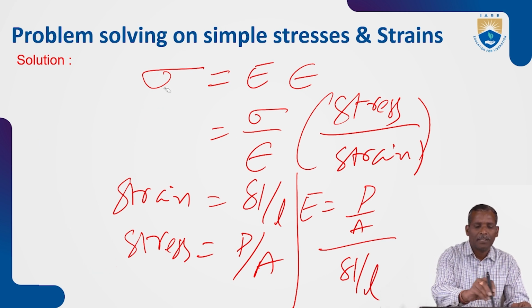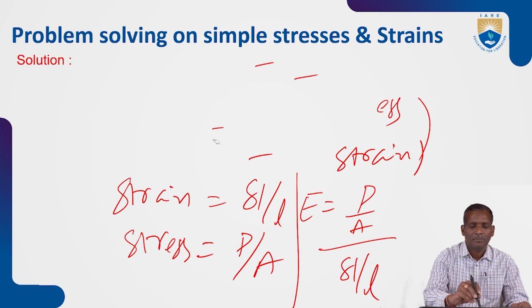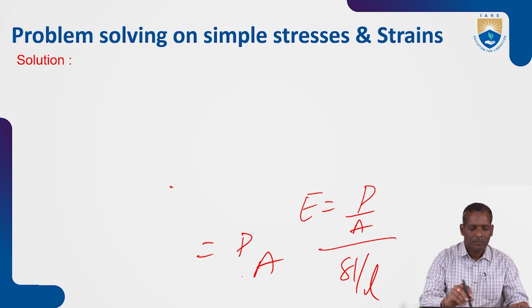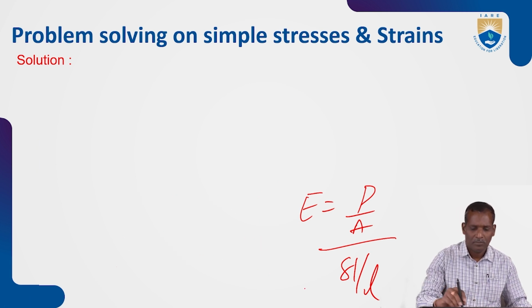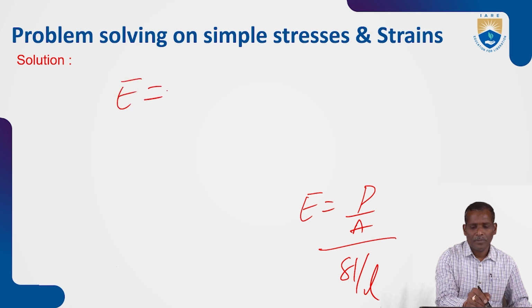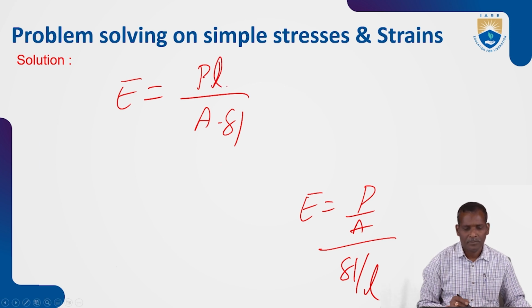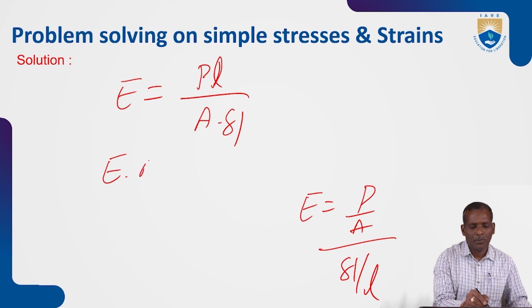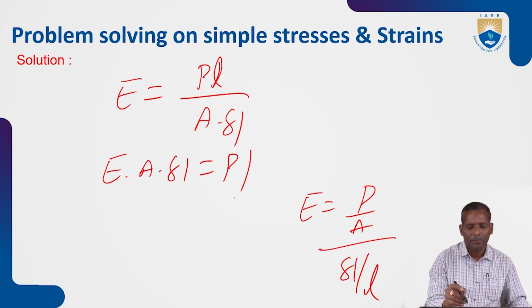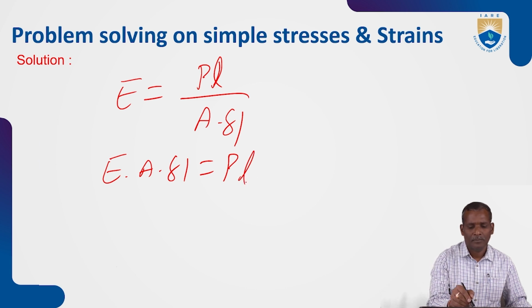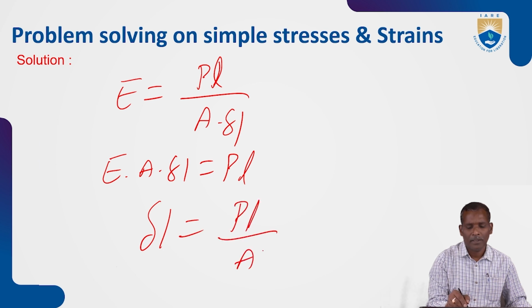Now you can write this equation: E is equal to PL by A into delta L. So E into A into delta L is equal to PL. So delta L is equal to PL by AE.